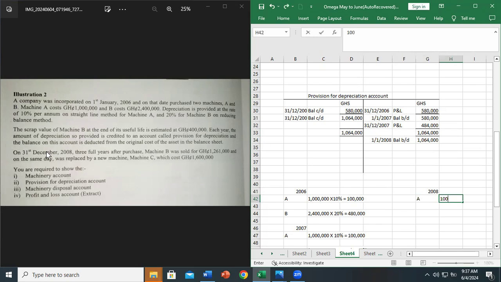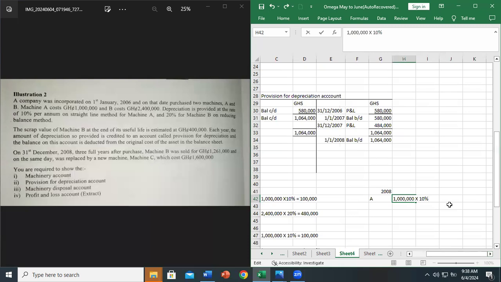So we charged 1 million times 10%, and we are going to get our normal 100,000.